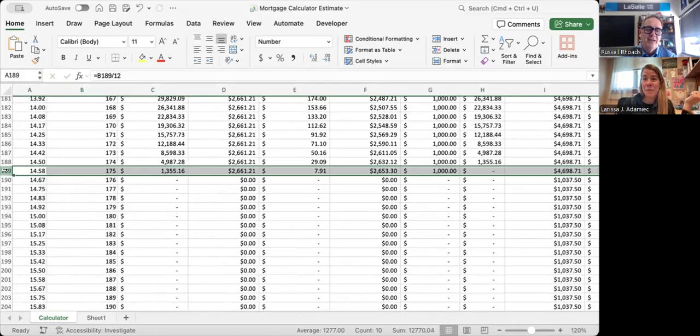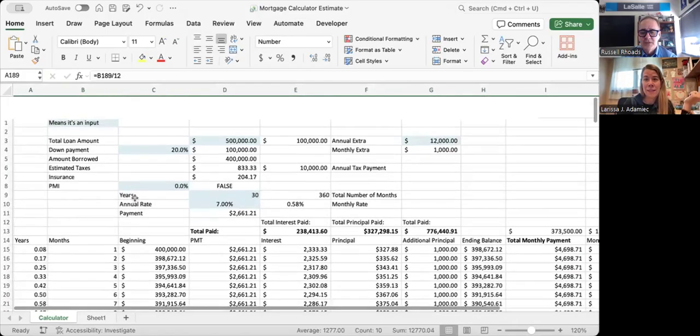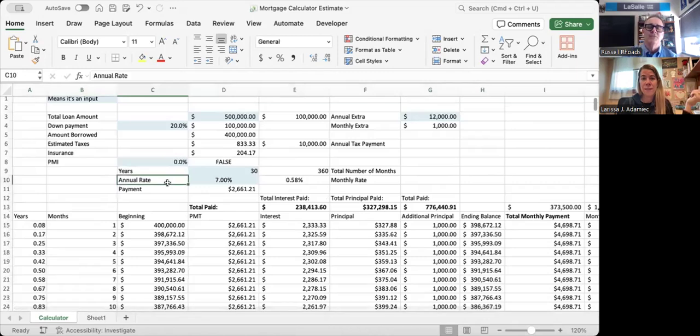And if you did one of those silly, and I say silly because I don't do this in the classroom, if I double my payment, guess when the 30-year mortgage would come to an end, you'd probably have somebody immediately say 15 years. But that ain't true.